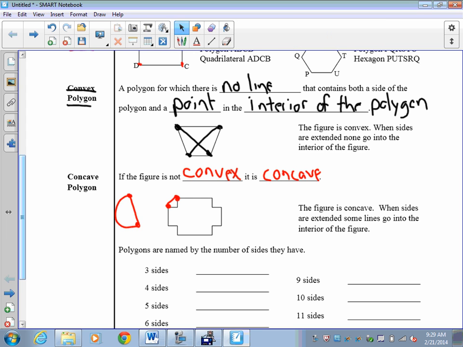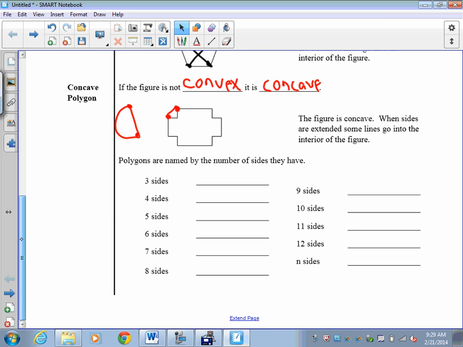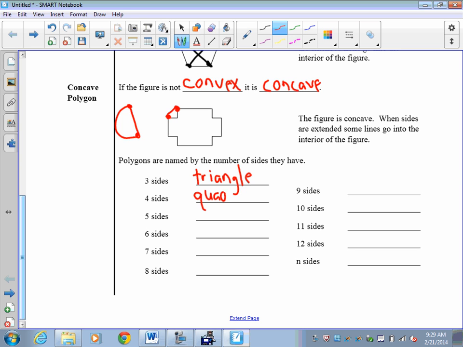So let's get down to the naming of the polygons. Hopefully these will all be familiar to you. We should know by now that a three-sided polygon is called a triangle. A four-sided polygon is called a quadrilateral.